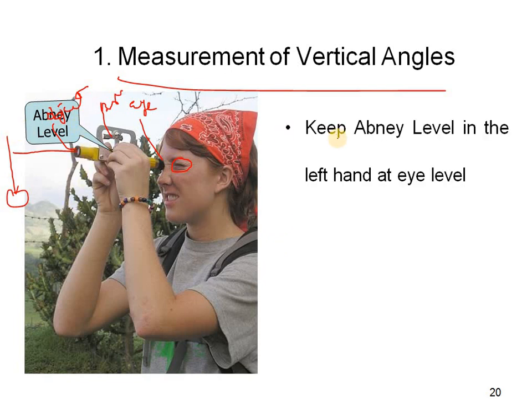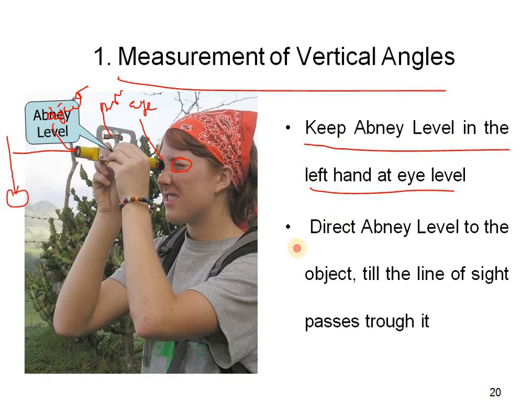So this is the Abney level. Hold the Abney level in the left hand at eye level. We have to hold it with both hands, left and right. We have to see with our right or left eye, depending upon our convenience. Direct the Abney level to the object till the line of sight passes through it.